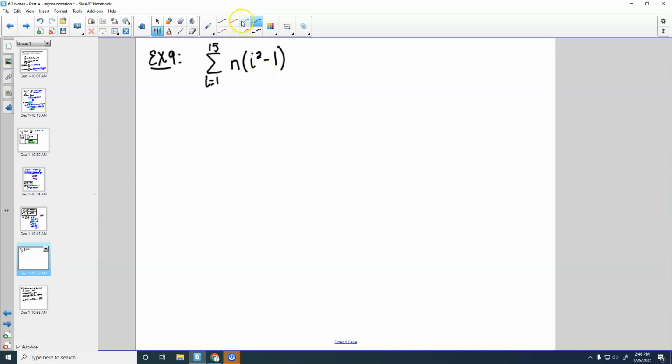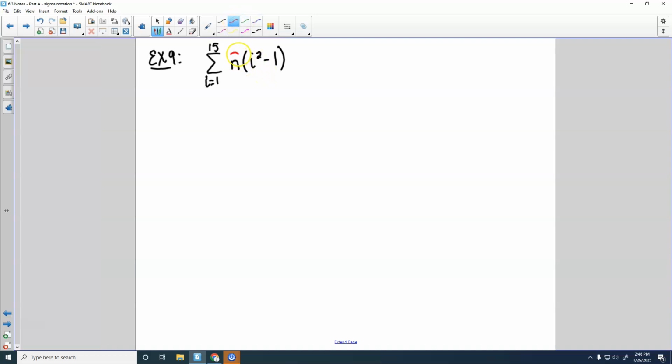So for this, I would take the n out front here, and I would also split up this sum. So it would look like this: n times the sum from 1 to 15 of I squared minus the sum from 1 to 15 of I.